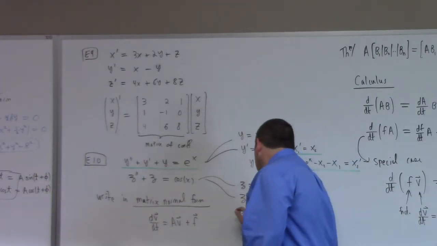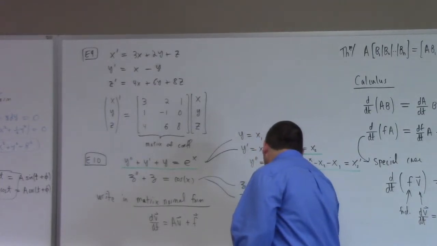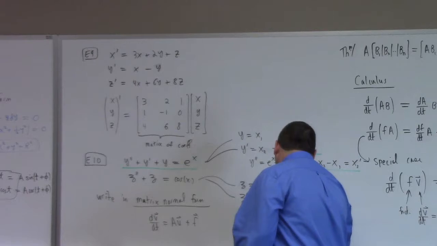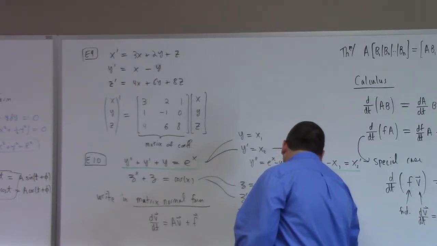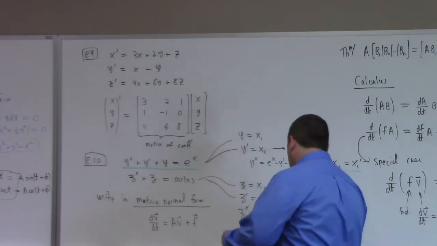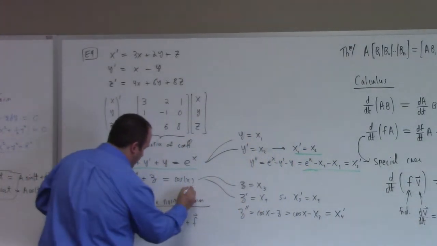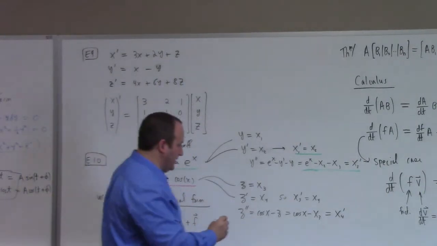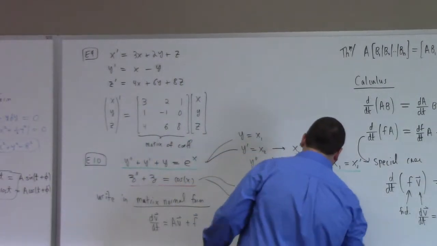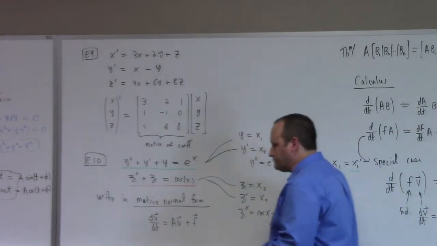What's z prime prime? z prime prime is cosine x minus z, which is cosine x minus x3. And that is my x4 prime. So I've traded my second-order differential equation for these two first-order differential equations.